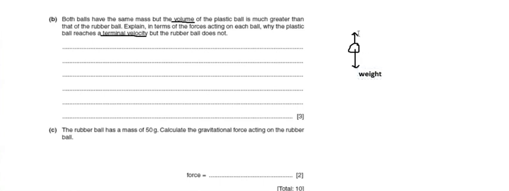And in the upward direction we have the air resistance. These two forces act in opposite directions, and when these two forces become equal, then the constant velocity, which is called the terminal velocity, is achieved.